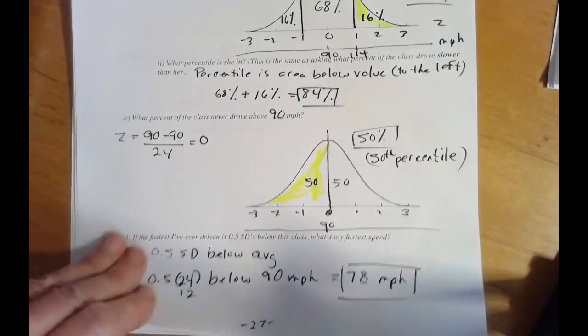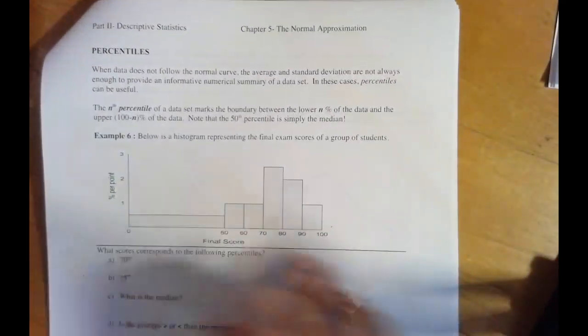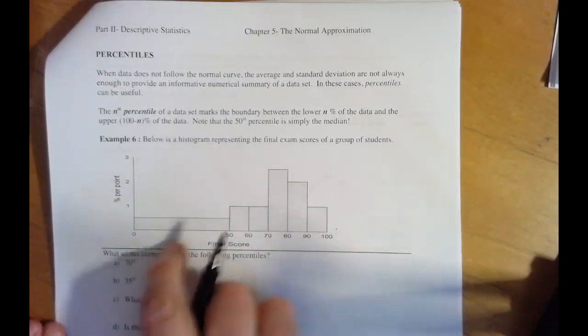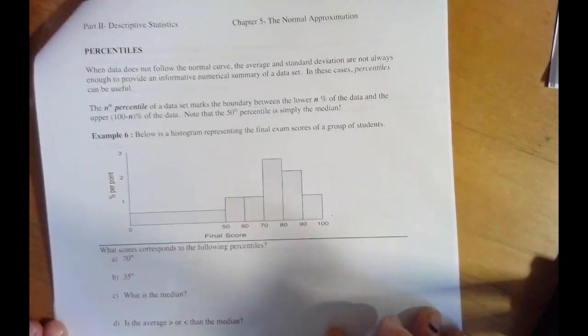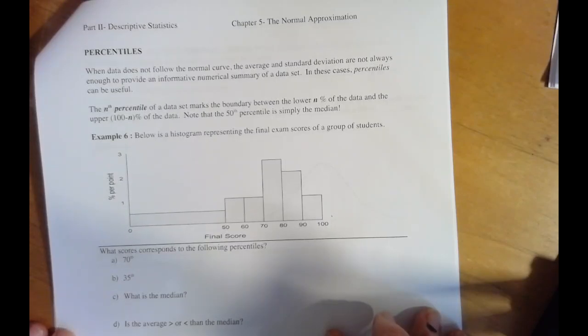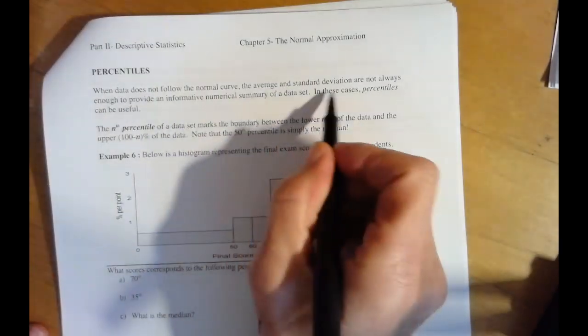All right, let's turn the page now, and let's look at this next problem where we don't have a normal distribution. So when you don't have data that even approximately follows the normal curve, what do you do? Well, you can't just use the average and the standard deviation. They're not adequate summaries of the data.